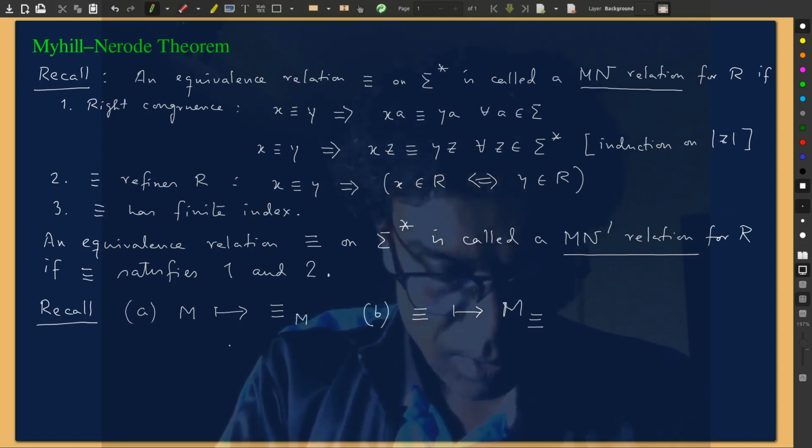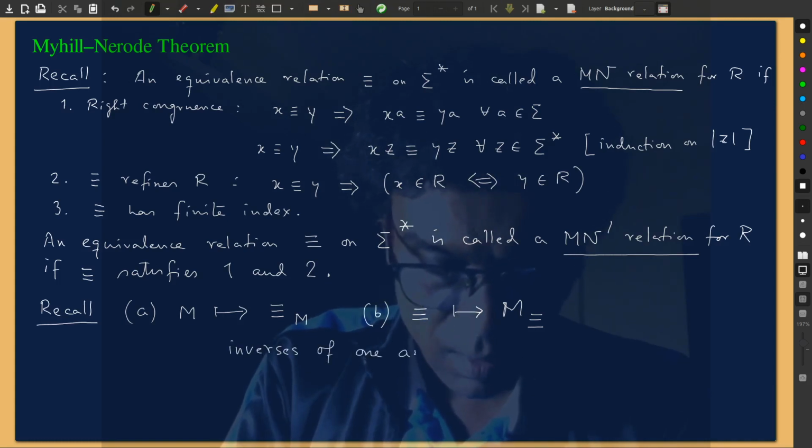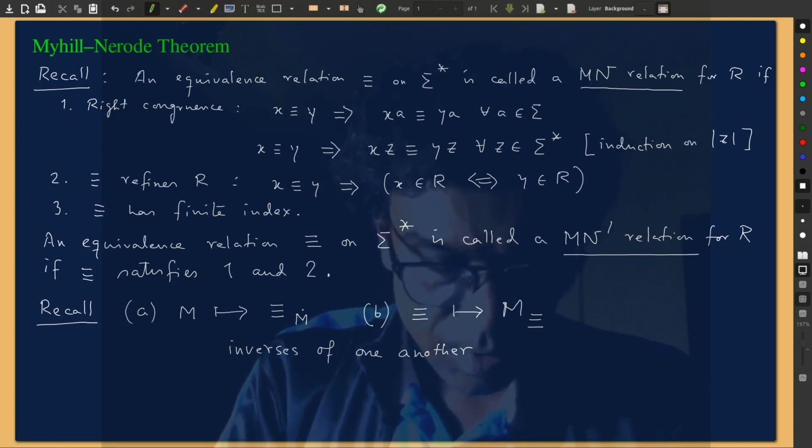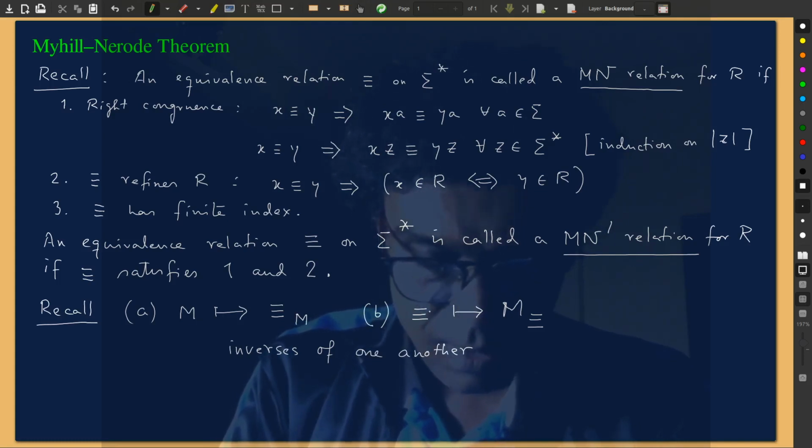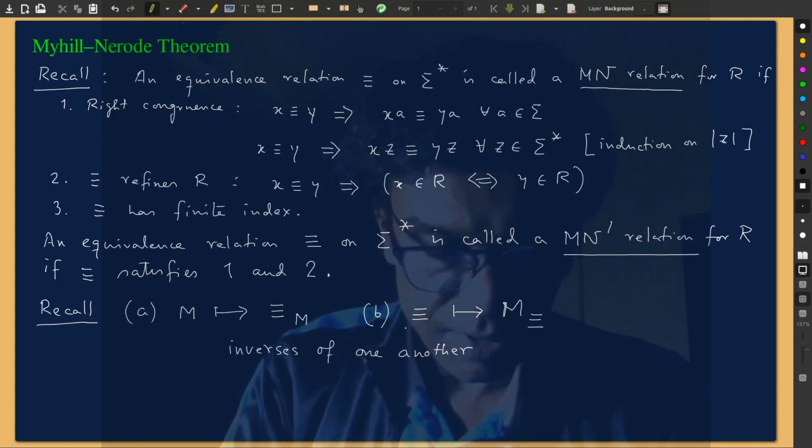This means that if I start with a machine, generate an Mn relation, and starting from that Mn relation prepare the machine, this machine and this machine are essentially isomorphic. Also, if I start with an Mn relation, generate a machine, and consider the corresponding Mn relation, then this and this are exactly the same equivalence relation on sigma star.